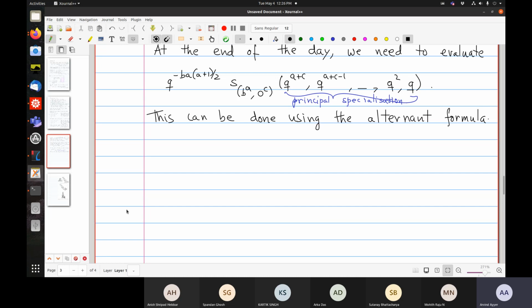Okay, I was going to do an example, but let me just say this. When you take the example of a equals b equals c equals 2, let me show you what you get.